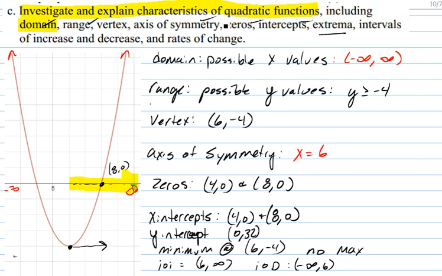And then rates of change. All right, how do we work with rates of change? Well, what we want to do is calculate the average rate of change between two particular points. So let's say, for instance, that on this graph we want to find the rate of change from this point to, let's find one on the graph, to this point. All we're doing is calculating the slope between these two points.